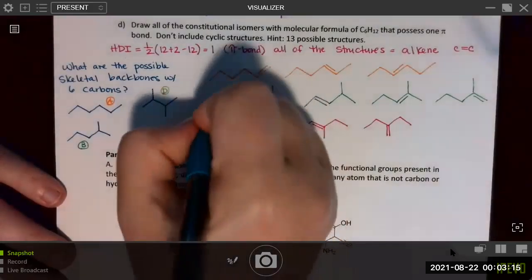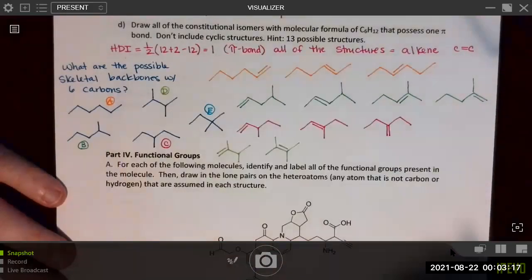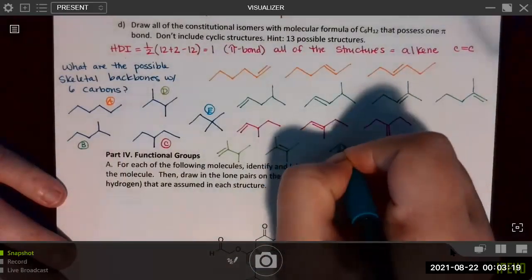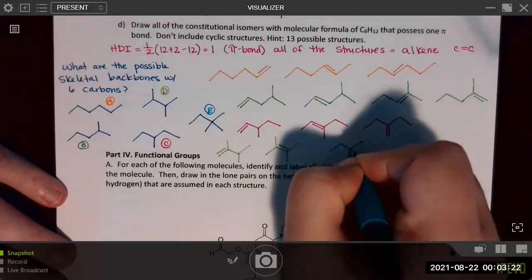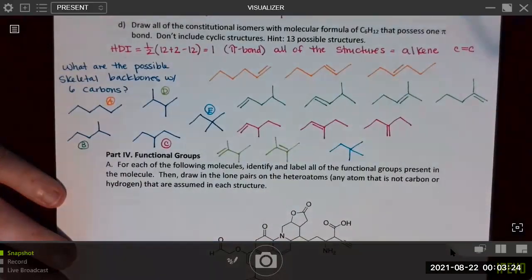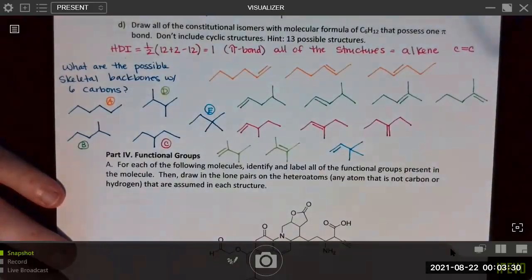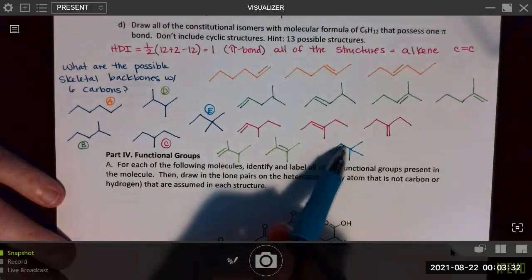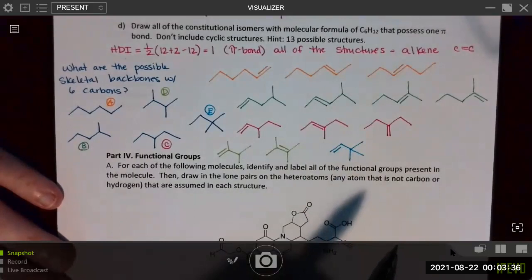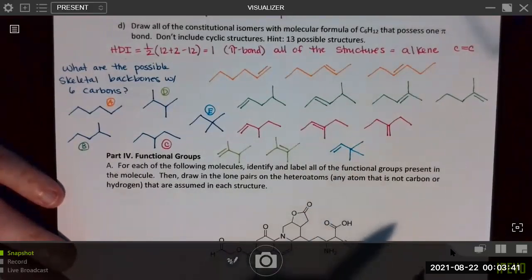We'll call this E. So I'll be able to draw this over here. And then ask myself, where can I place the double bond? Well, there's actually only one place, and that's here. The reason for that is because I can't place a double bond here. That would make 5 bonds to this carbon. Remember, that's one of our cardinal rules. You cannot make 5 bonds to carbon.